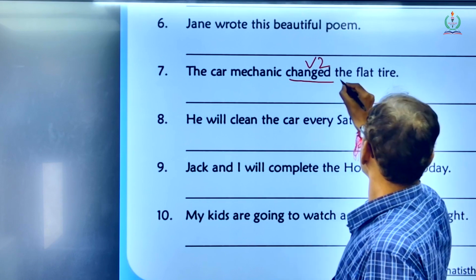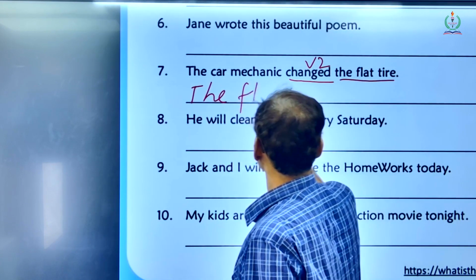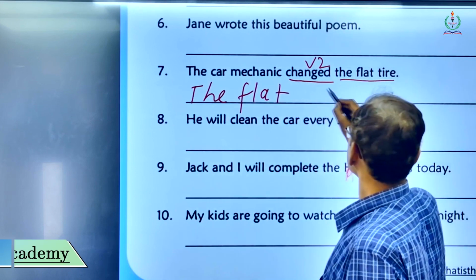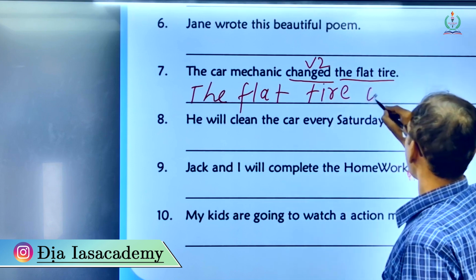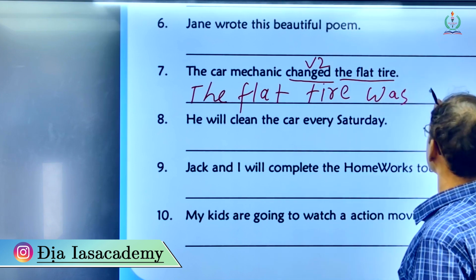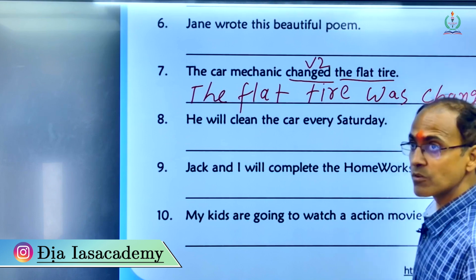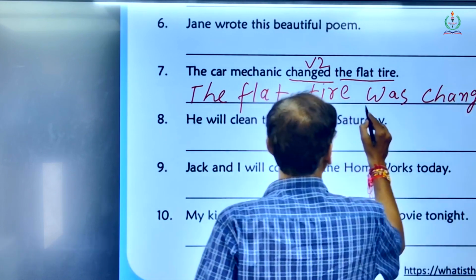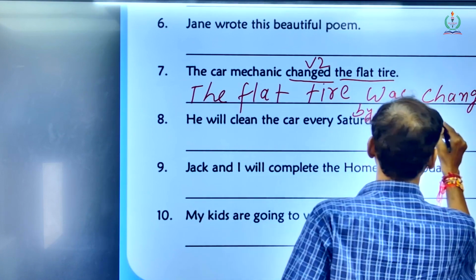In this, it goes like this: the flat tire was changed by the car mechanic.